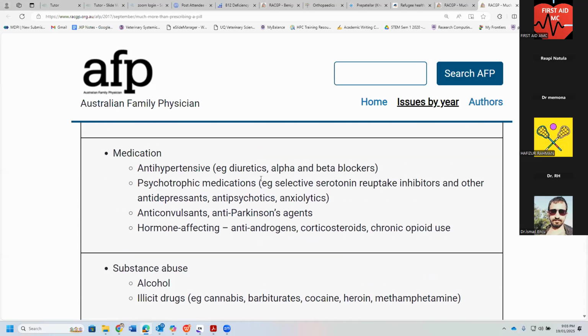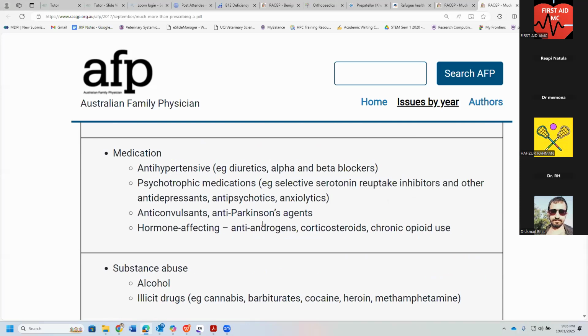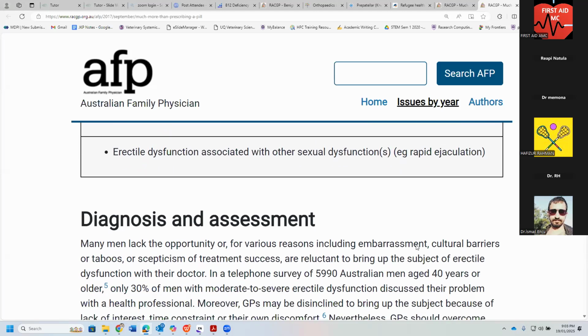Medications like antihypertensives, diuretics, alpha and beta blockers, psychotropic medication, especially SSRIs, anticonvulsants, anti-Parkinsonism agents, and hormone-affecting ones, alcohol, illicit drugs, erectile dysfunction associated with other sexual dysfunction, for example, rapid ejaculation.